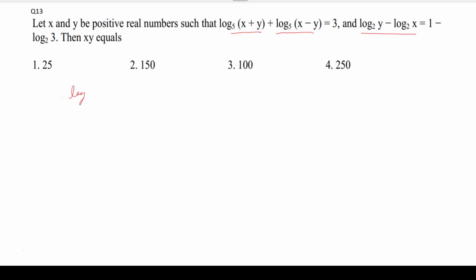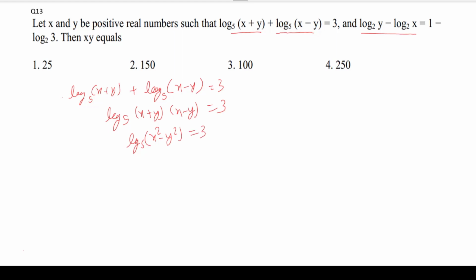So from the first equation, log x plus y base 5 plus log x minus y base 5 equals to 3. This we can write as x plus y times x minus y, and this will be x square minus y square. Taking the power on both sides, we will get the value of this will be 125.